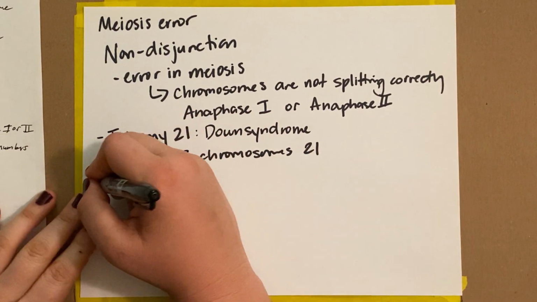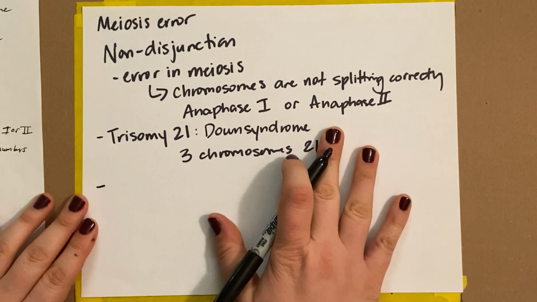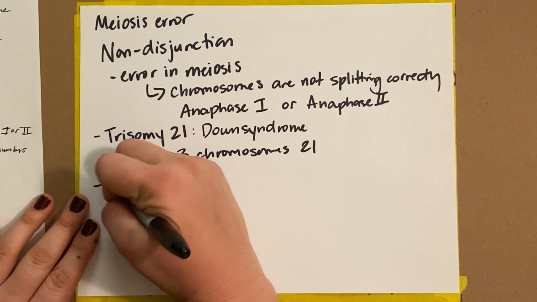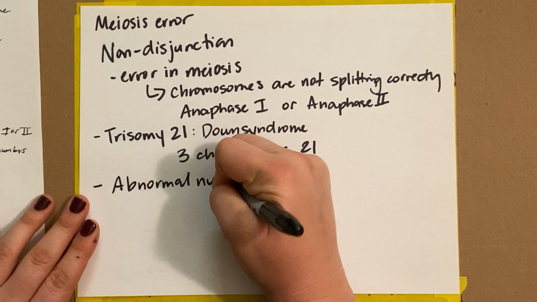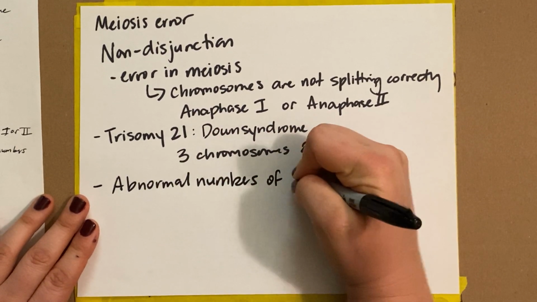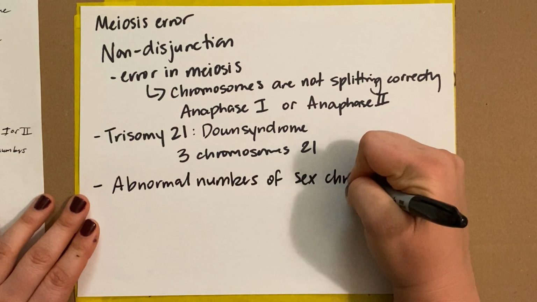And there are a couple other types that are more common. These are abnormal numbers of sex chromosomes.